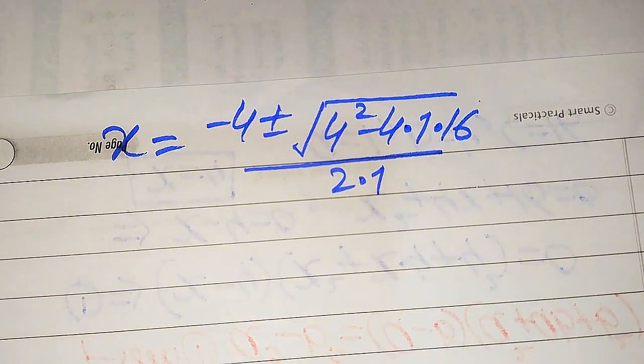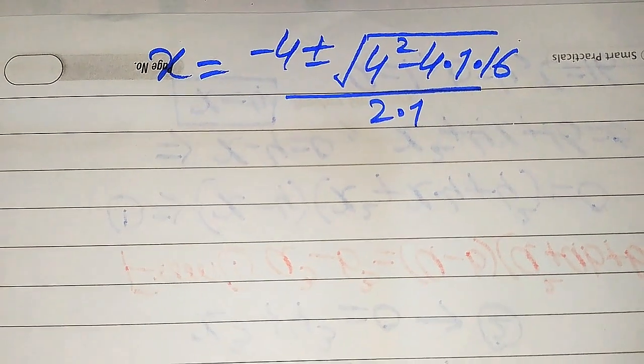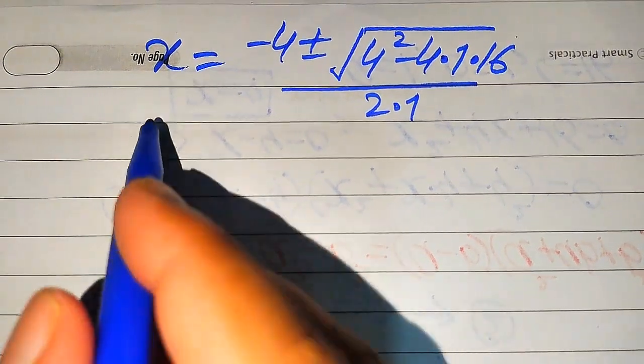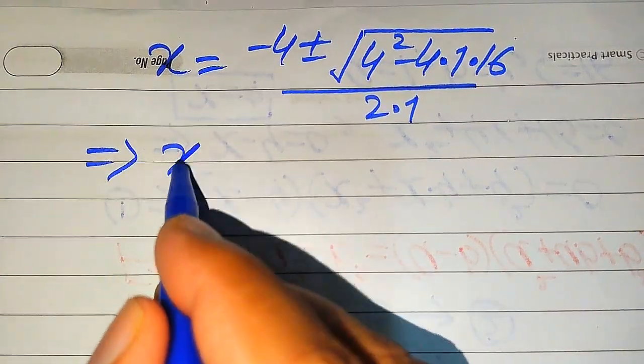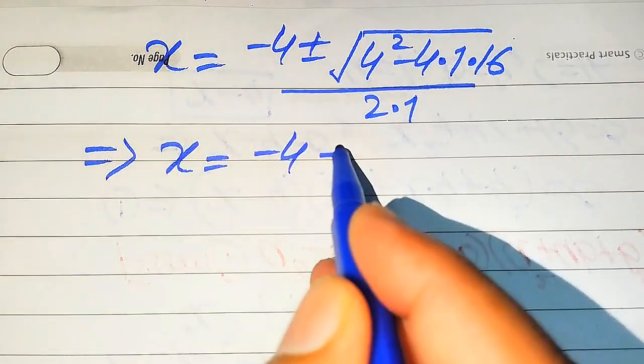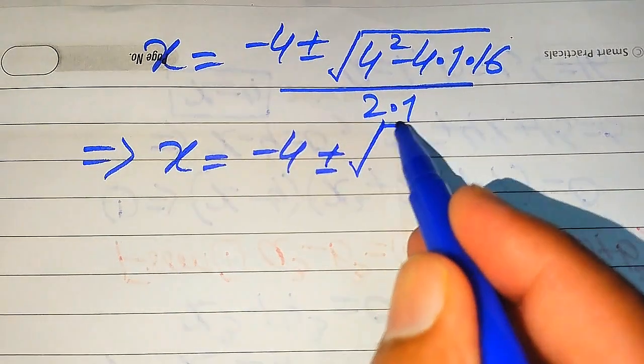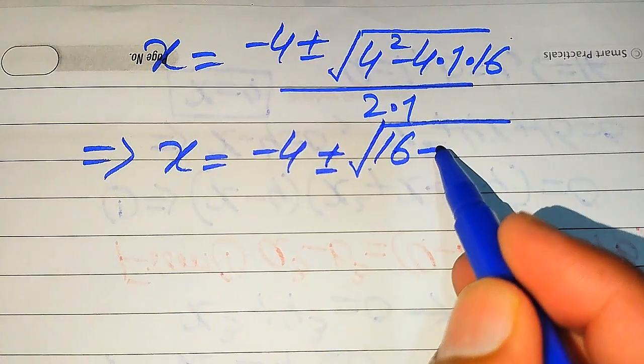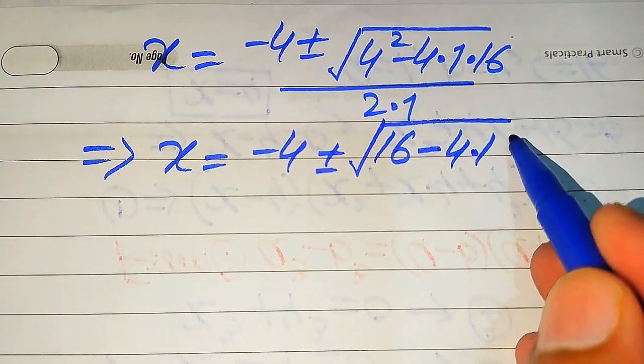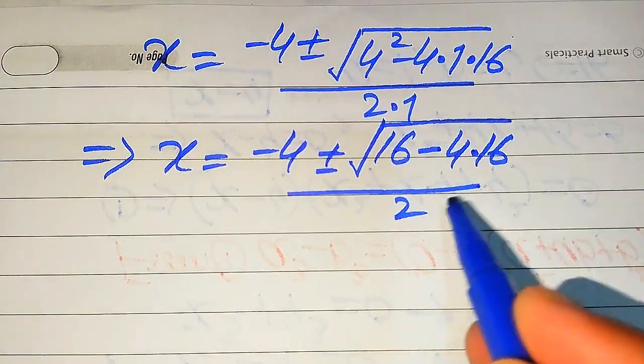Further, in the next step we need to simplify the terms, and it will be written as x equals minus 4 plus minus the square root of 4 squared, which becomes 16, minus 4 times 16, divided by 2.